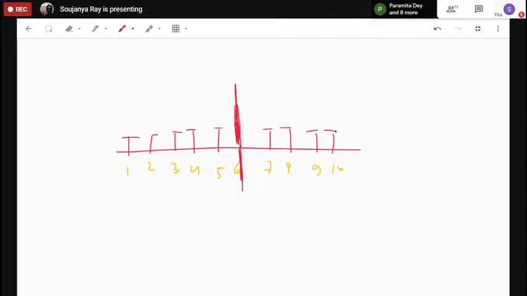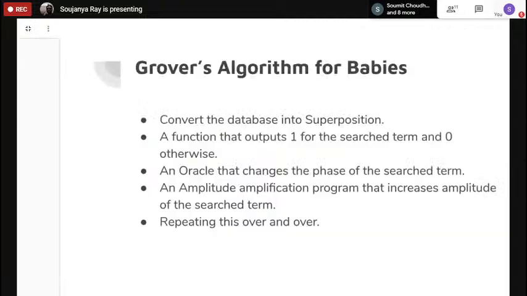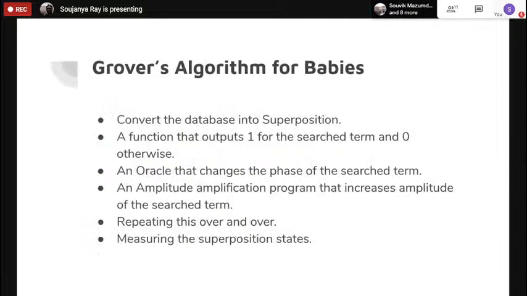But when you do this multiple times, the probability of the number 6 increases so much that when it collapses, you get a reading of number 6 much more often than the other states. So this is an analogical, superficial example.